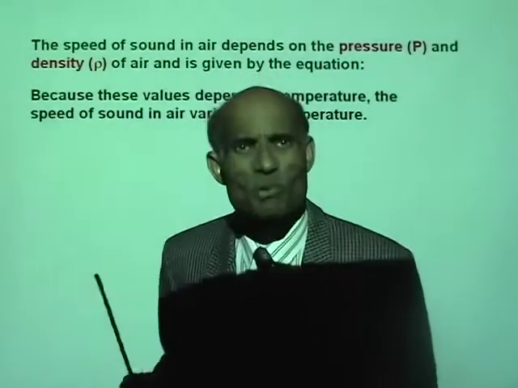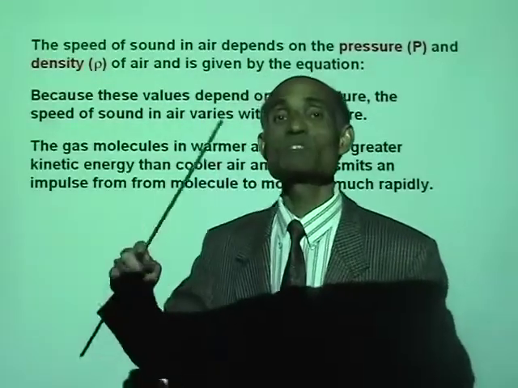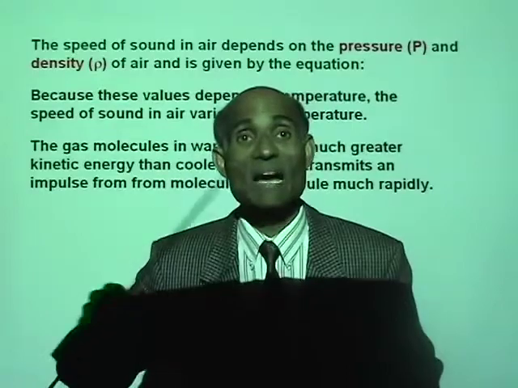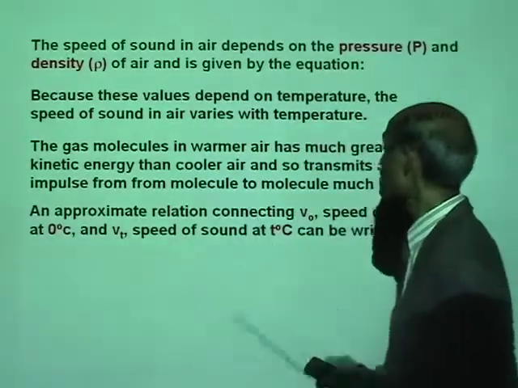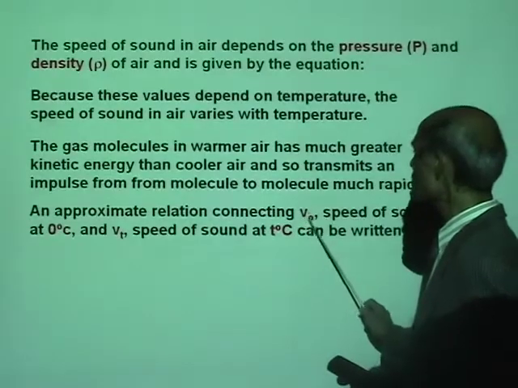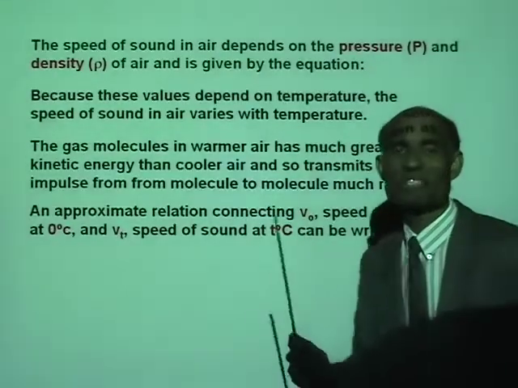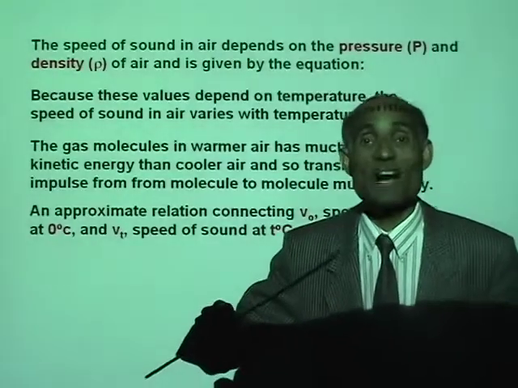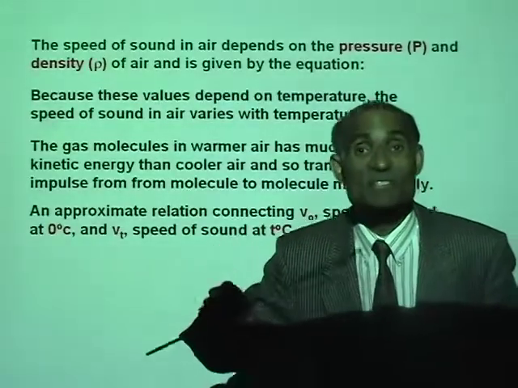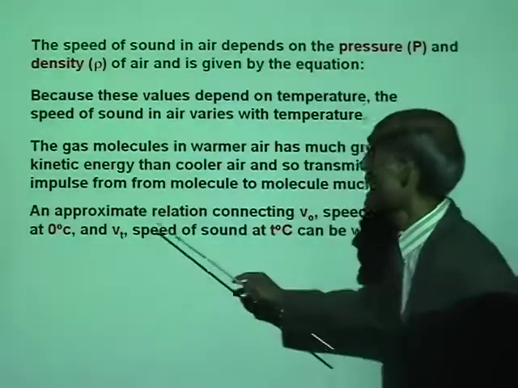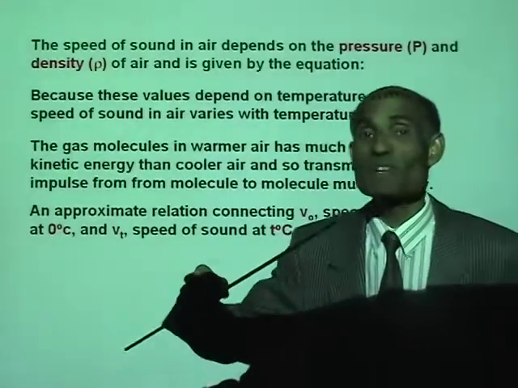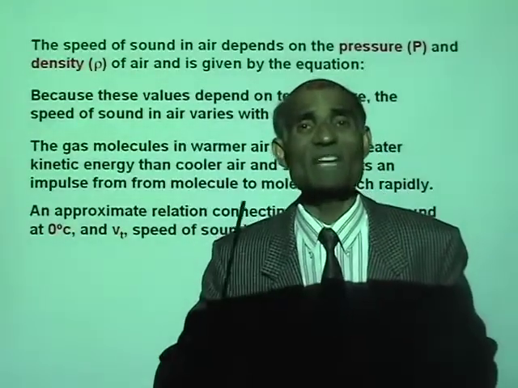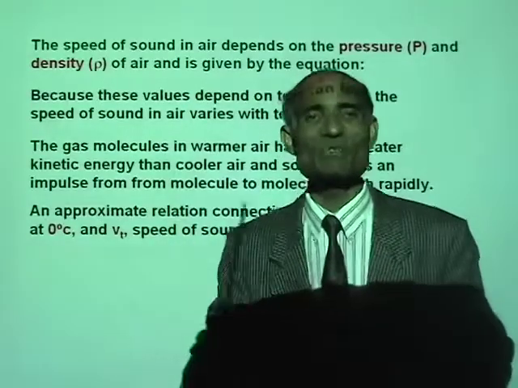Now, there is a very simple relation connecting the speed of sound and the temperature. An approximate relation connecting V0. V0 stands for speed of sound in air at 0 degrees Celsius. And V sub T stands for the speed of sound in air at a temperature of T degrees Celsius.